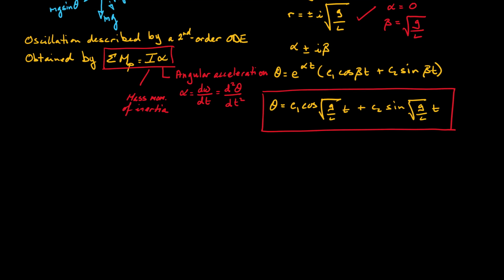This yields some very interesting results. Notably, the frequency and period are independent of the initial angular displacement. That is, we don't have any terms that depend on some theta naught, for example, in the frequency.